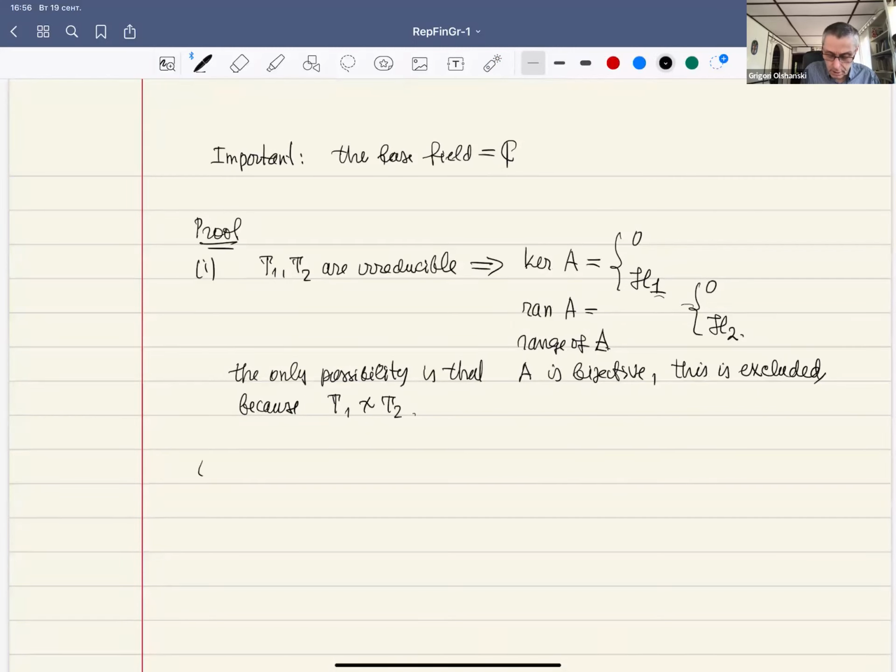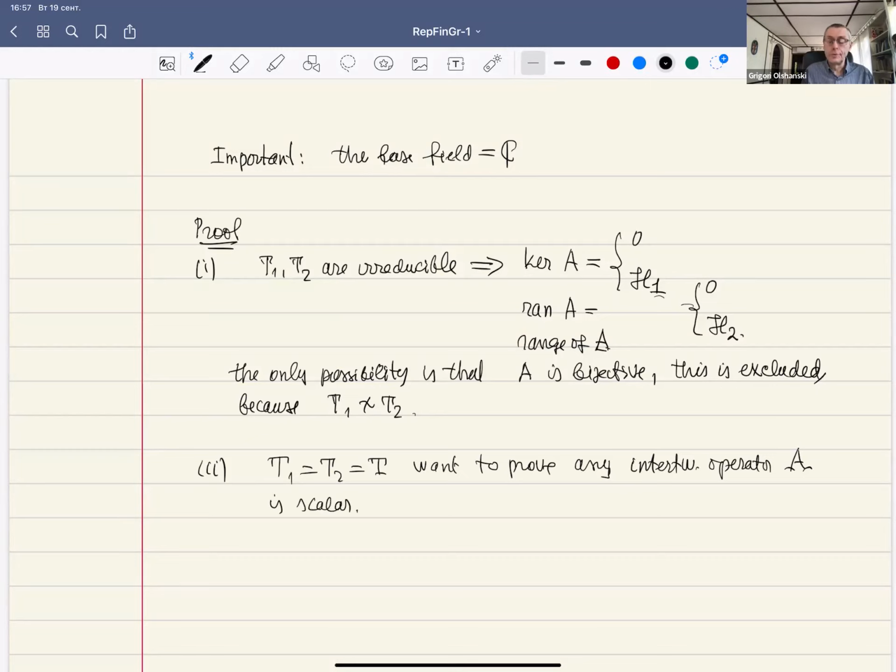But in the second part, when we assume that T1 is equal to T2 and want to prove that any intertwining operator A is scalar, how to do this?